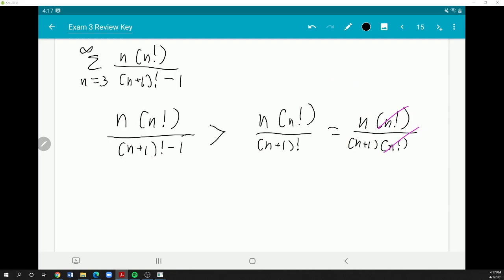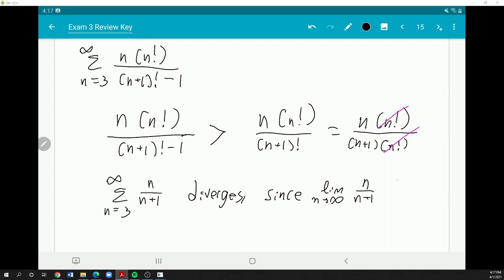And so I know for sure the sum from n equals 3 to infinity of n over n plus 1 diverges, since the limit as n goes to infinity of n over n plus 1 is equal to 1, which isn't 0. Here I'm looking at a series where the terms are greater.